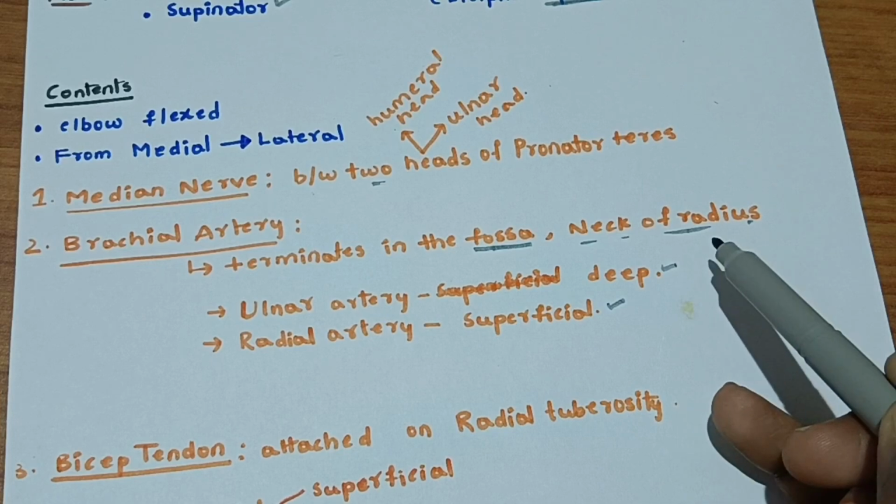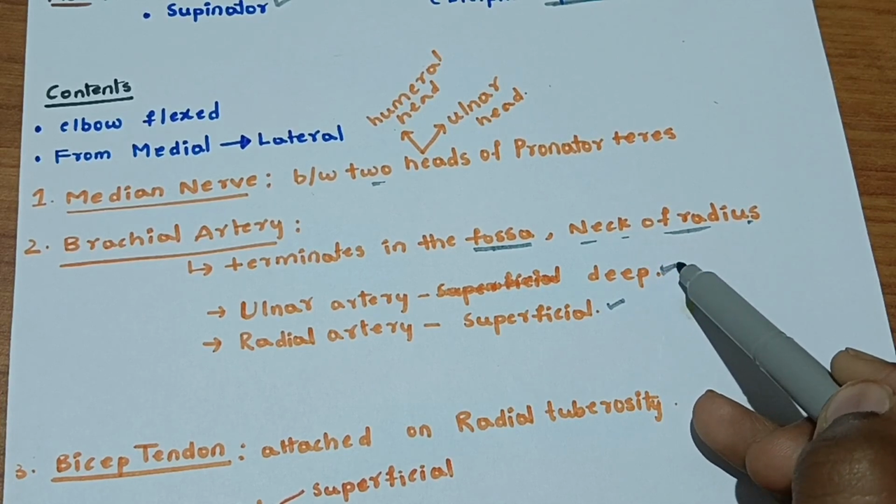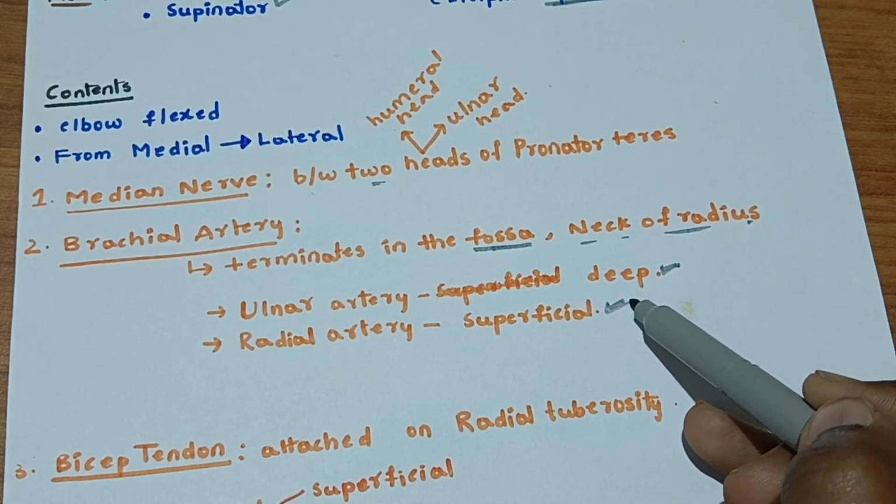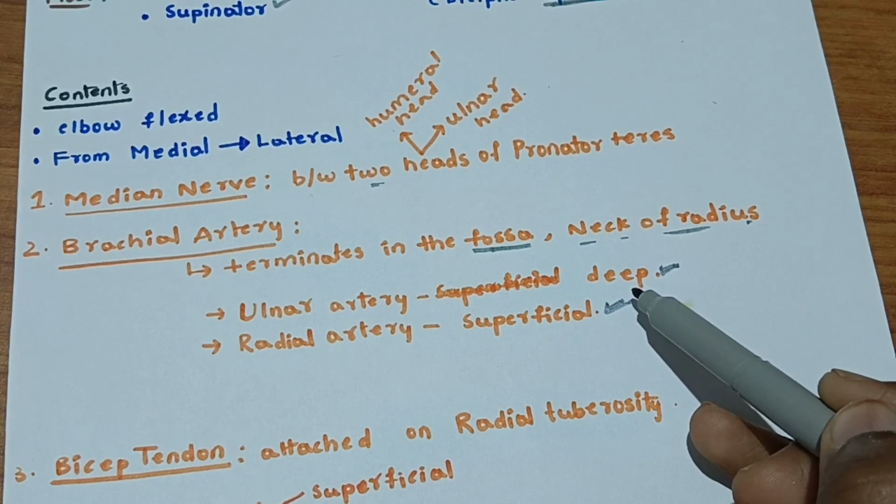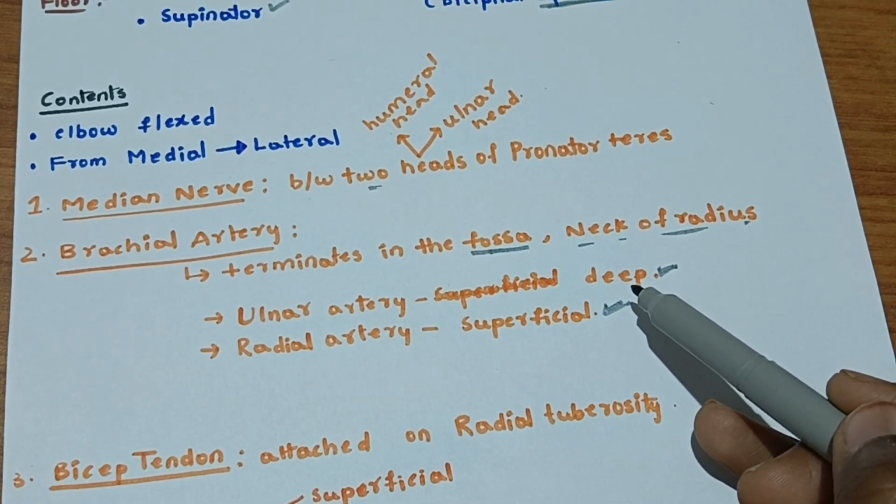The ulnar artery is placed deeply, whereas the radial artery is placed superficially, and it is accessed for measuring pulse.